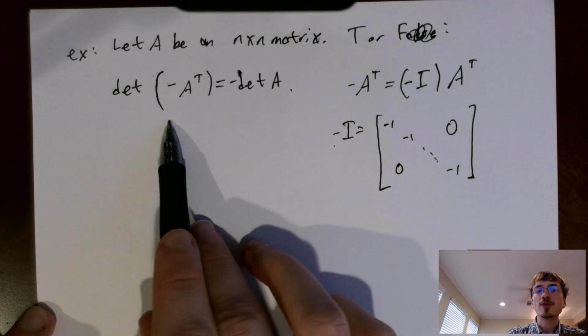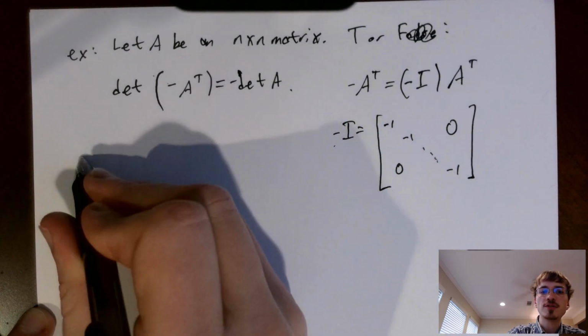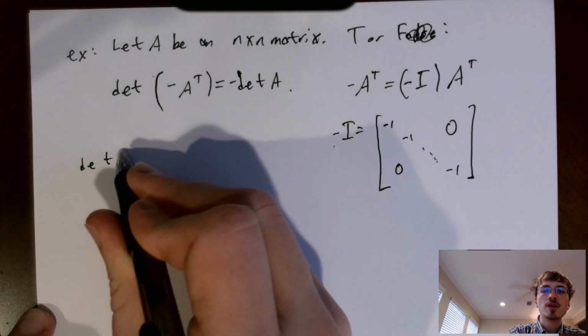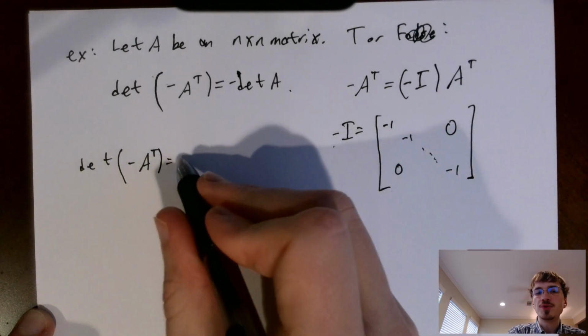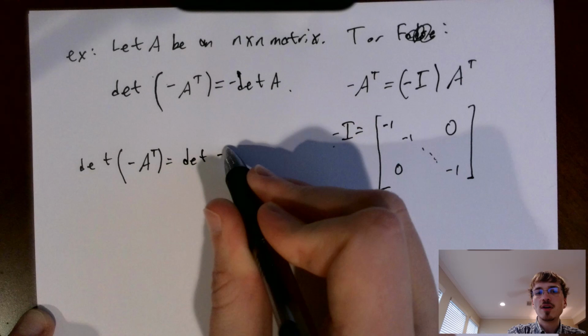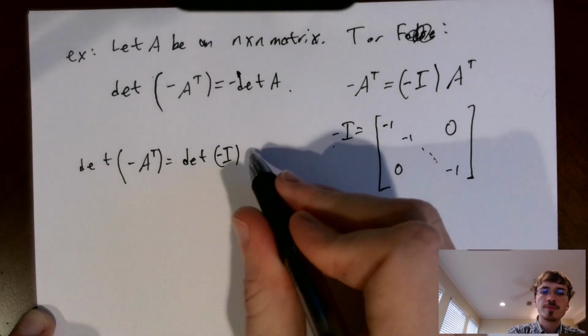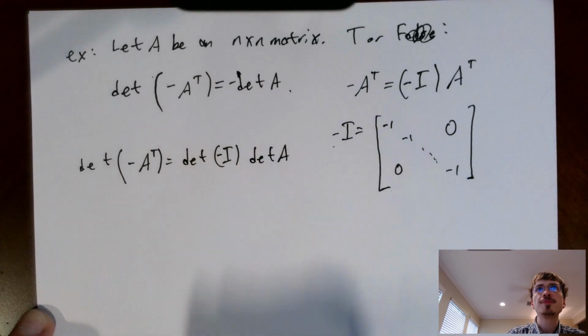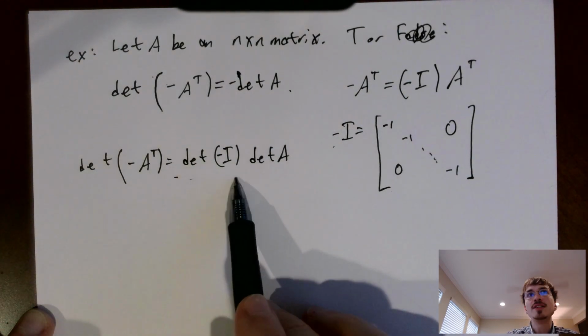And so now, how can we use the property that we just found? We know that the determinant of negative A transpose is equal to the determinant of negative identity matrix times the determinant of A. So, what's the determinant of negative identity matrix?